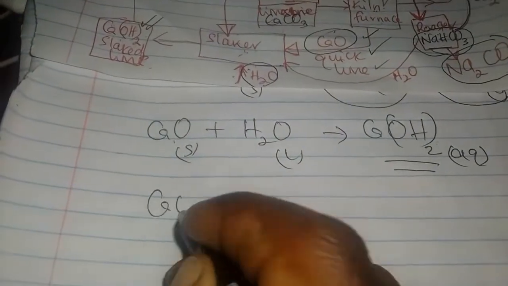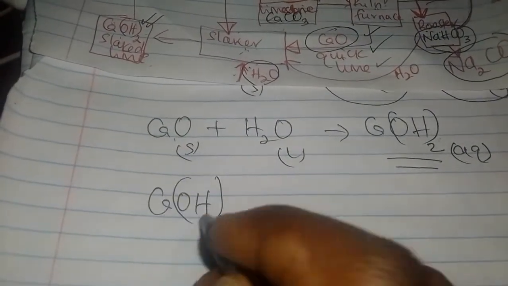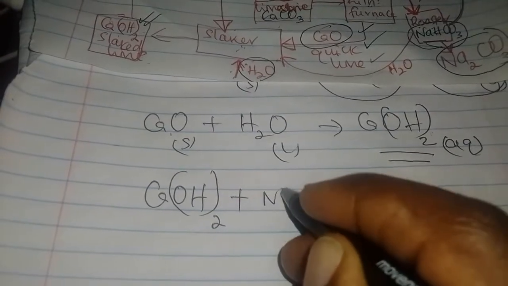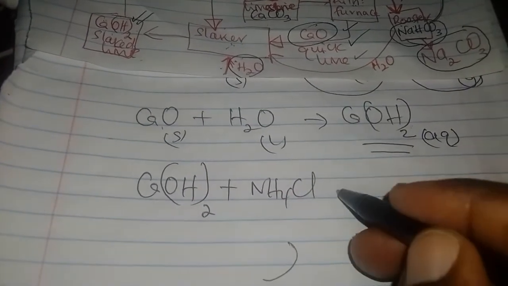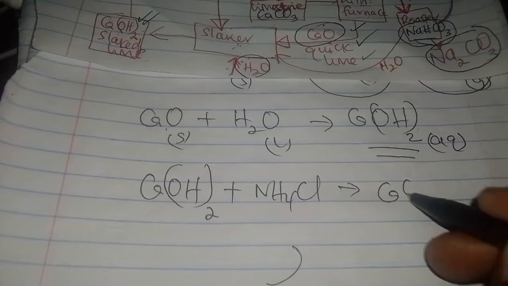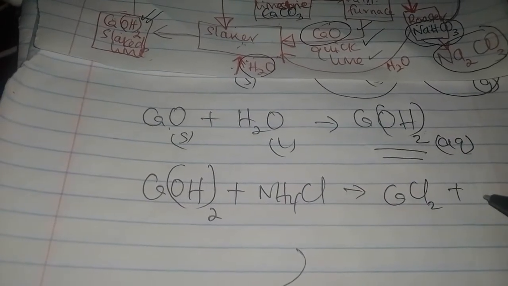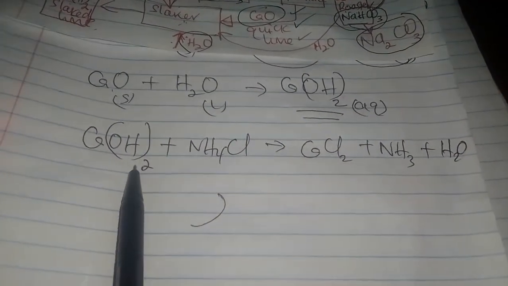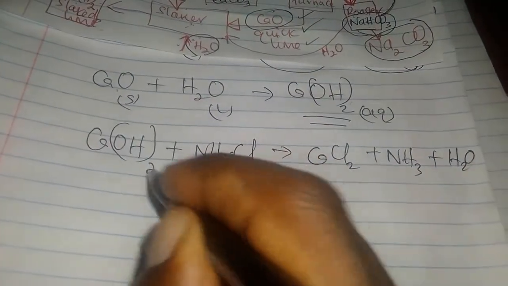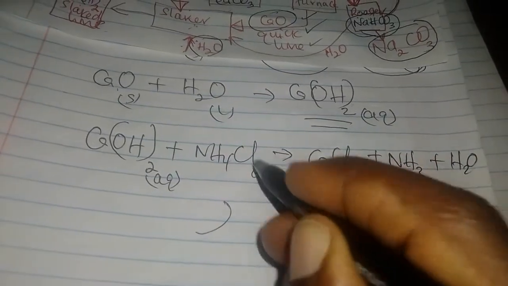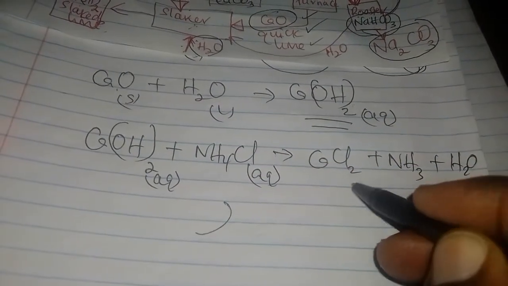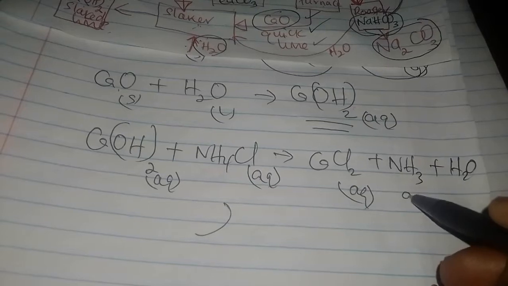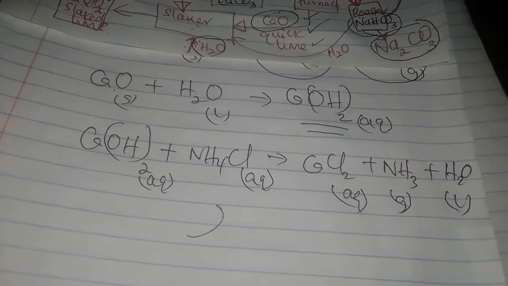Calcium hydroxide and ammonium chloride react to form calcium chloride plus ammonia gas plus water. Good. So the calcium hydroxide, which is aqueous, reacts with ammonium chloride, which is aqueous, to form calcium chloride, which is aqueous, plus ammonia gas plus water, which is a liquid.